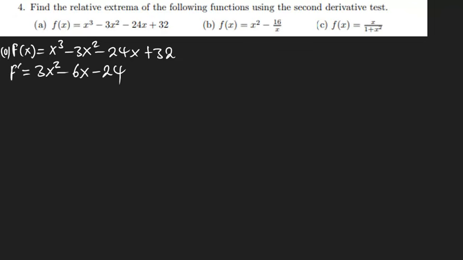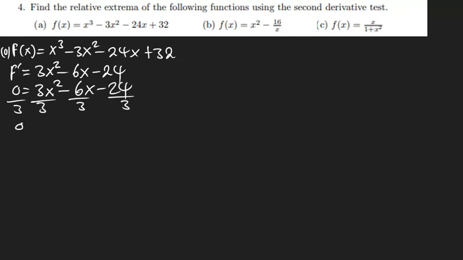The critical points are going to be found at some point where f prime is equal to 0. Then from there, we can just divide everything by what is common.